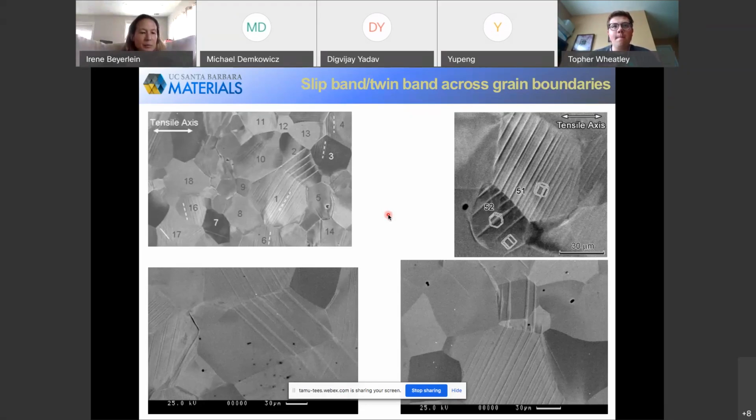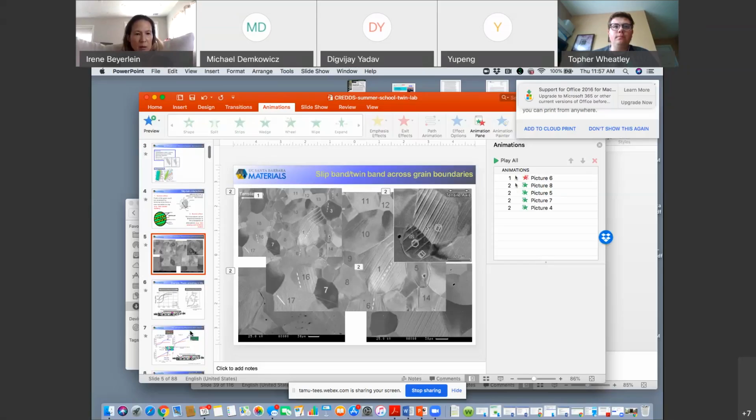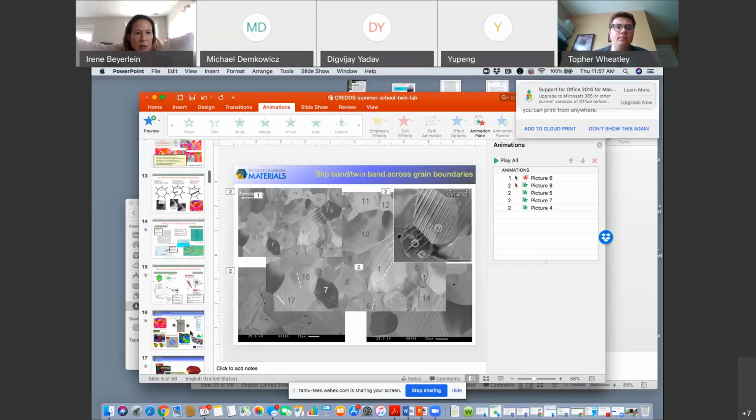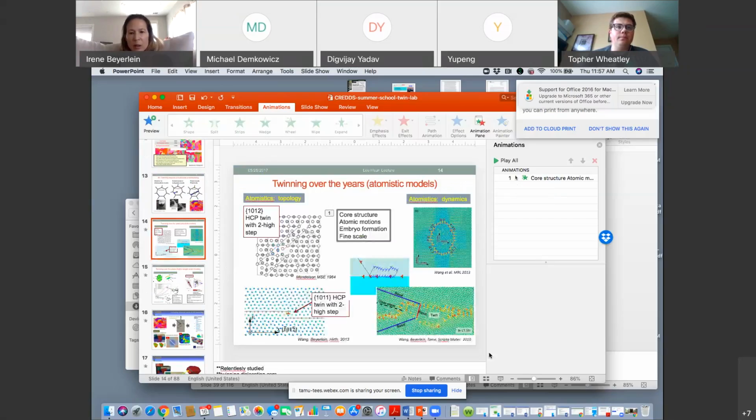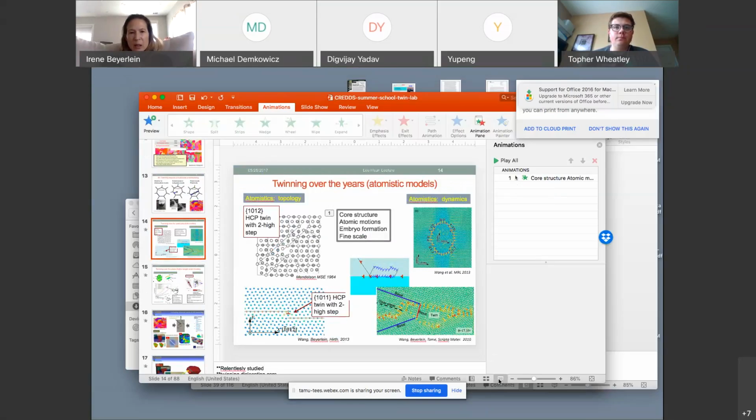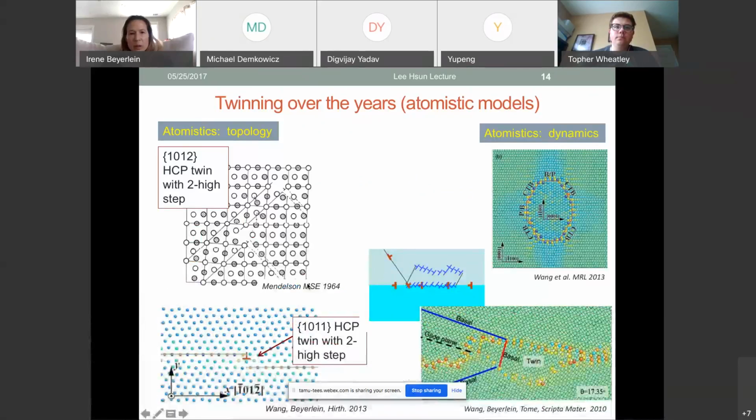Right. So let's see, I thought I may have something on that. So here, atomistics is a very good way to look at the initiation stage or the nucleation stage.